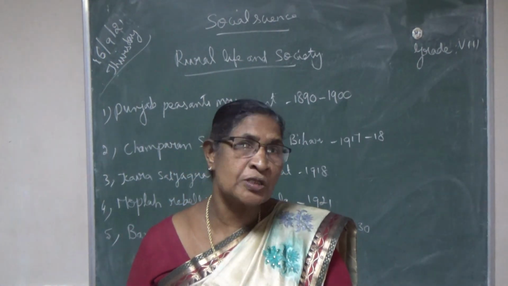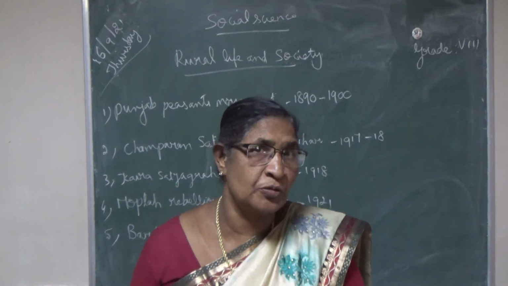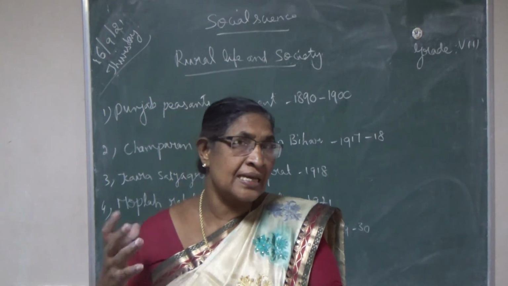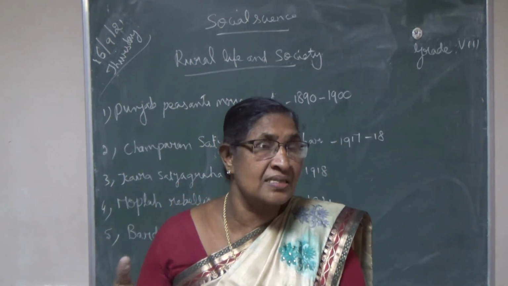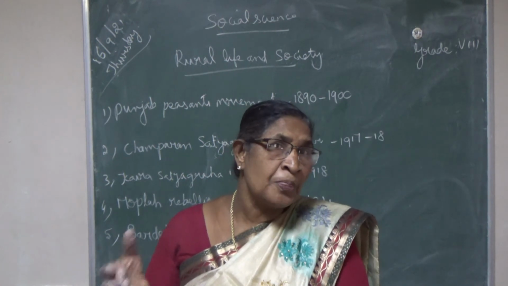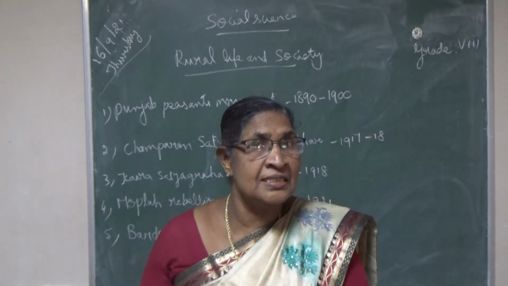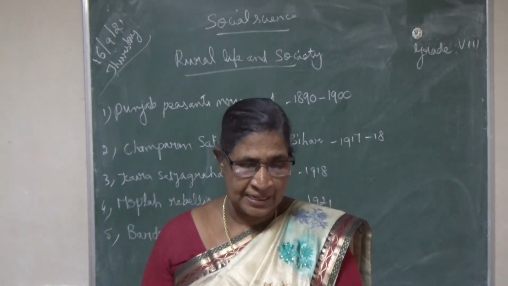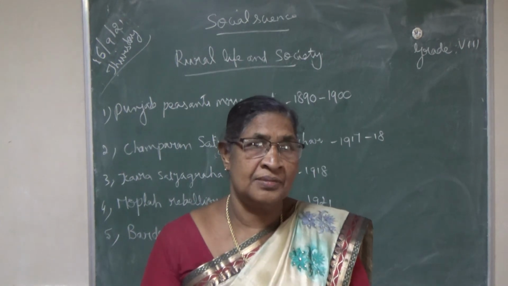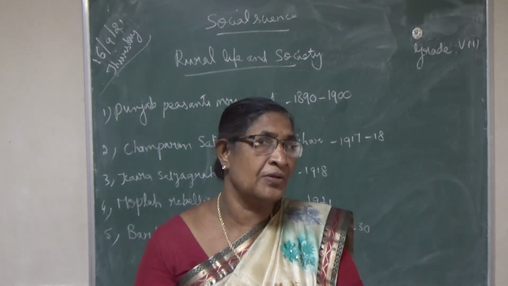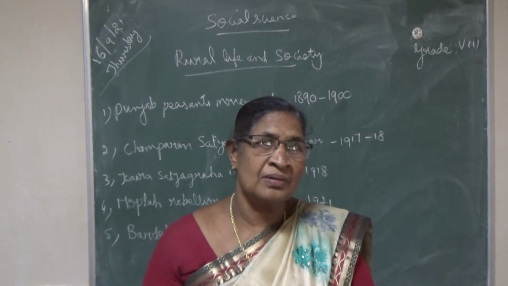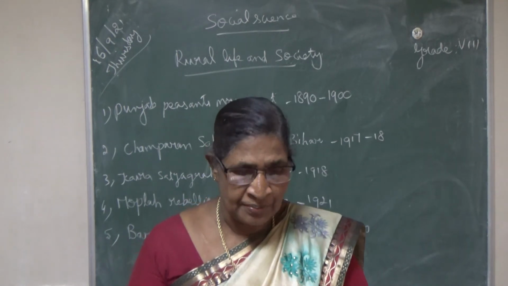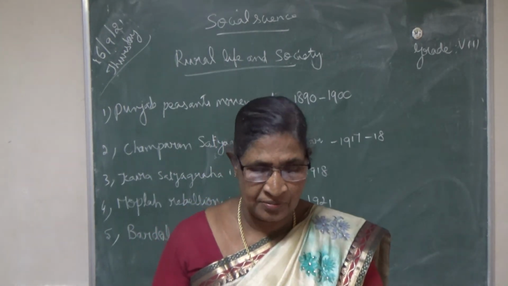Limitations were also imposed on the mortgage, that means the giving of land, where the moneylenders and zamindars were getting the land from the first category people, the agriculturist class. So the Punjab government did a little welfare in favor of the cultivators or the peasants. This much about the Punjab Peasant Rebellion, or movement.